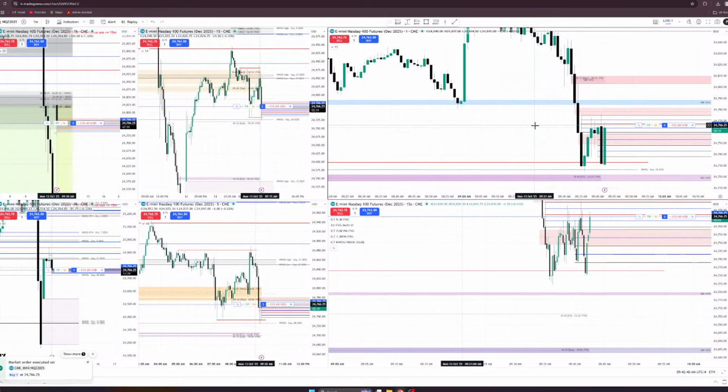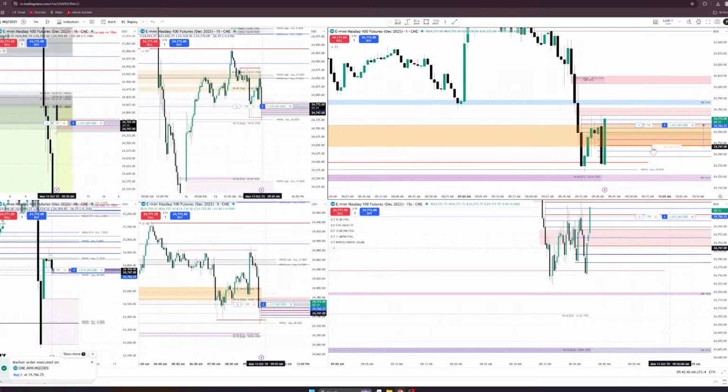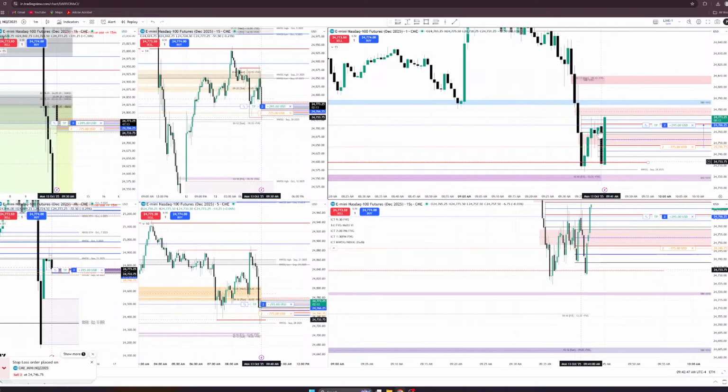Heavy manipulation, guys. I'm putting my stop loss below this wick midpoint.